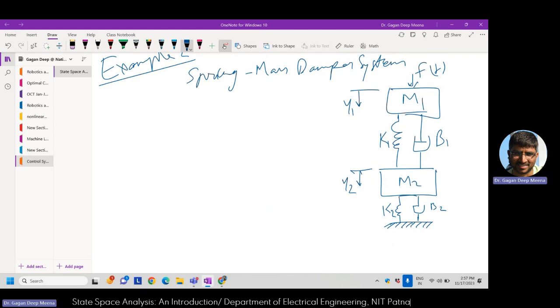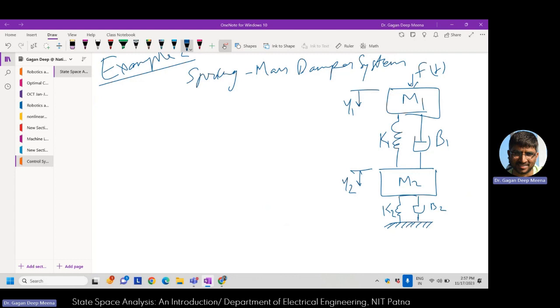For writing the differential equation for this mechanical system, we have already studied in the initial chapters of this course how to write the differential equation for any mechanical system. We'll first make the free body diagram.